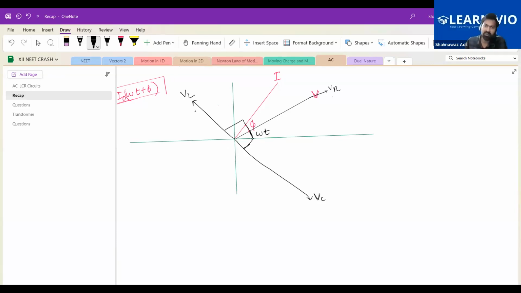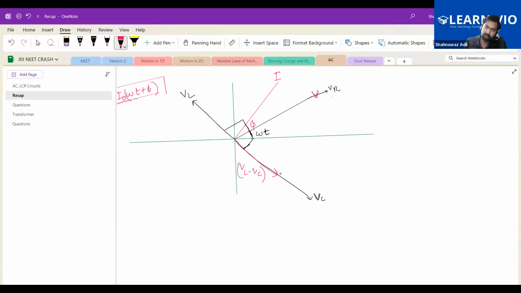Then we take the overall inductive and capacitive voltage, so this would be VL minus VC. And then this is VR.